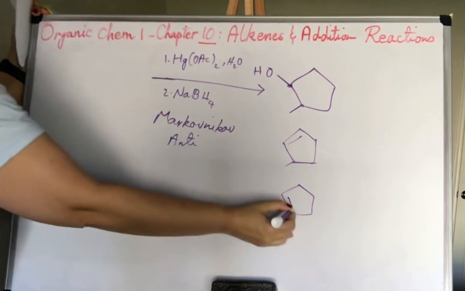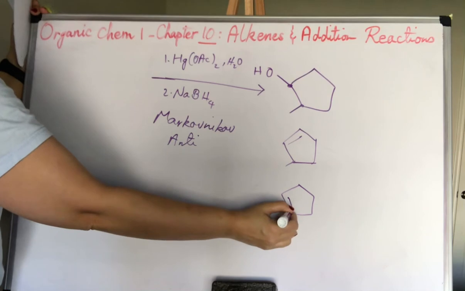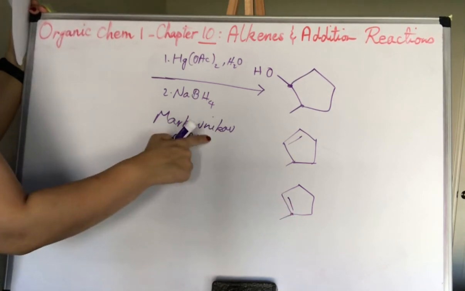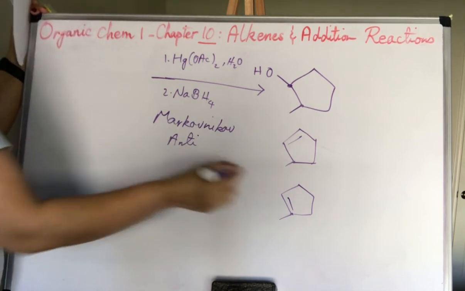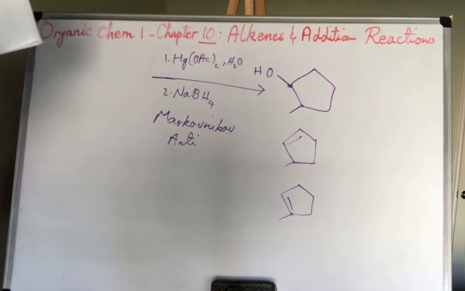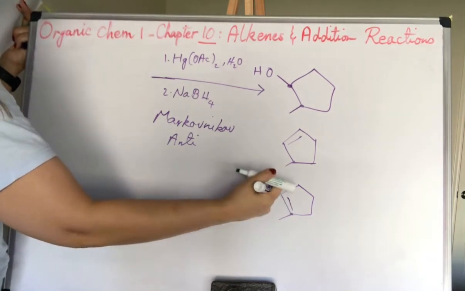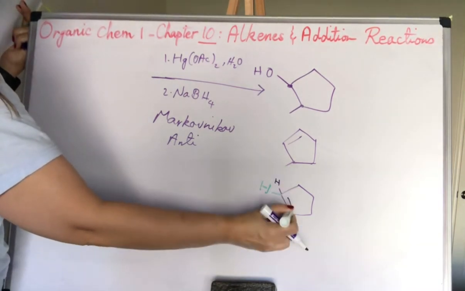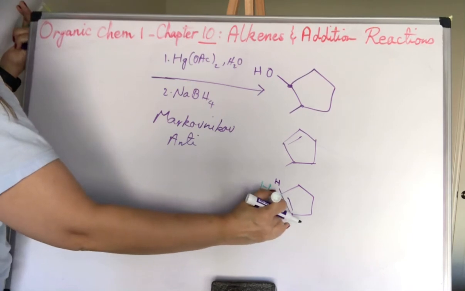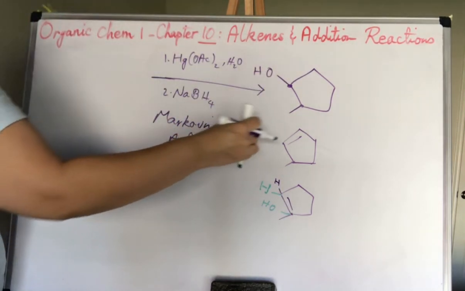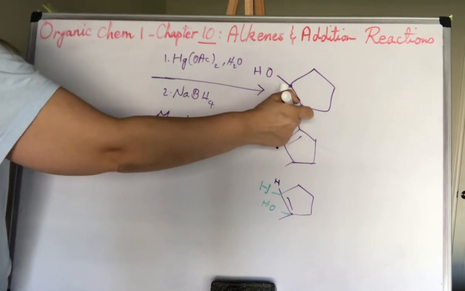If we consider this alkene, this is the hydrogen-poor carbon, right? So Markovnikov means hydrogen will be added to the hydrogen-rich carbon. So it would be hydrogen here because it already has one hydrogen, and OH will be added to this. Is this the alcohol we want? No. So we need to choose this one.